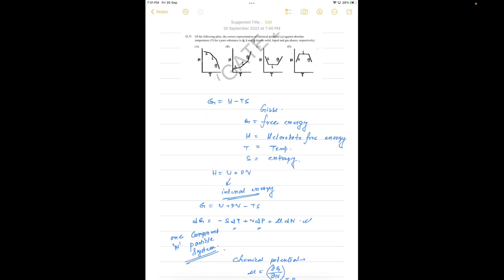So in this question, option A is the right answer.